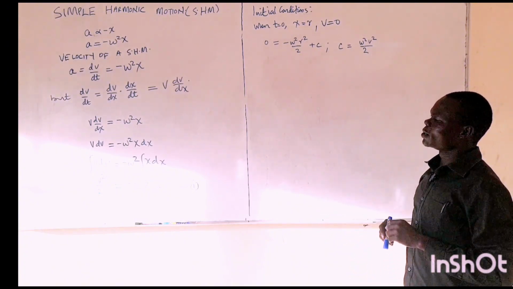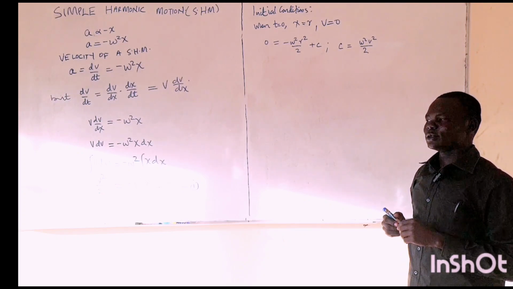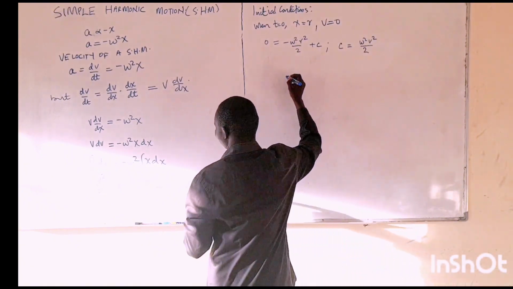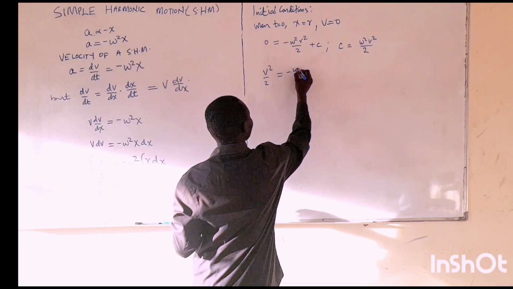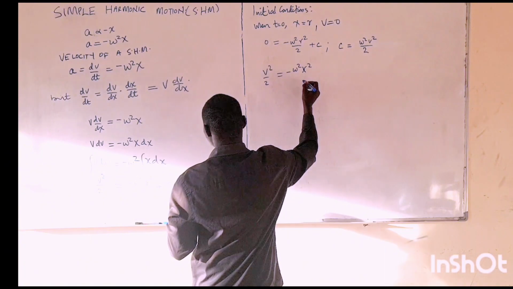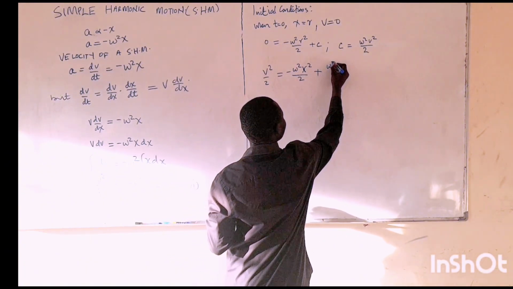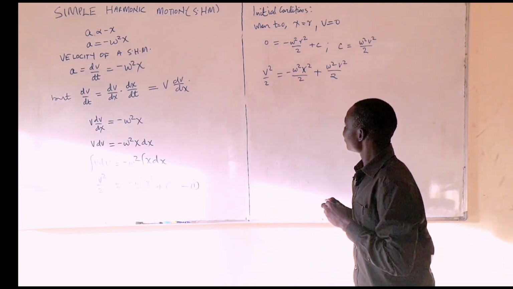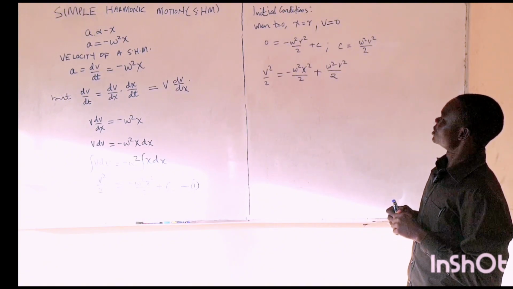This value of c we have gotten, we shall substitute it back into equation 1. So substituting this value of c back into equation 1, we shall have v squared over 2 is equal to negative mu squared x squared over 2 plus c, which is mu squared r squared over 2. So this is our general equation for velocity of a simple harmonic motion.